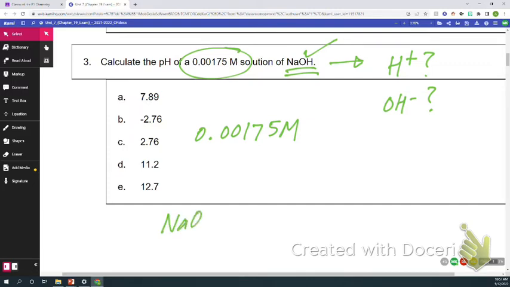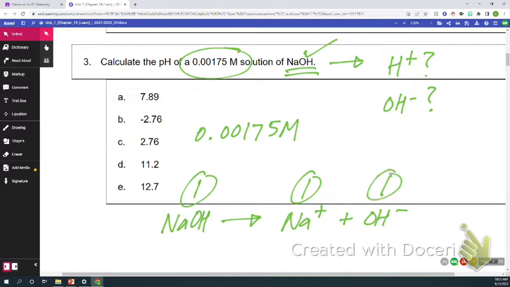now I want to make a note. When it's NaOH, it's going to be Na plus and OH minus. For one of these, you get one of these and one of these. But what if you had something like this, Ca(OH)2? This is a much trickier question, but I didn't put it on this test, but maybe on the final.